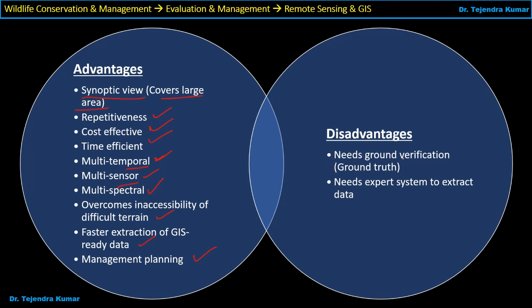Disadvantages: needs ground verification. Whenever we are doing the interpretation, after that ground truth is compulsory. Otherwise, we cannot say that the data which we have taken from these systems or sensors is accurate. Sometimes, because this is machinery, it can be wrong in interpretation.